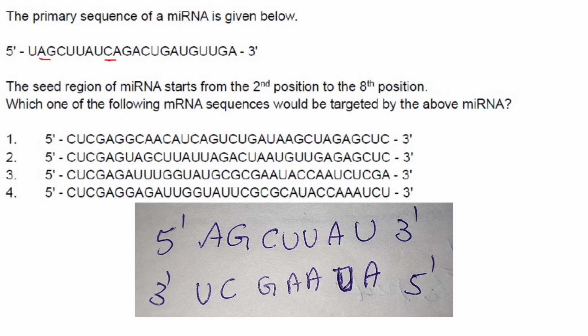So which of the following mRNA sequences would be targeted by the above miRNA? The miRNA is going to target a particular mRNA sequence. So this mRNA sequence should have a region which is complementary to the seed region of the miRNA, so that it can form complementary base pairing with the mRNA and bring this mRNA for degradation.